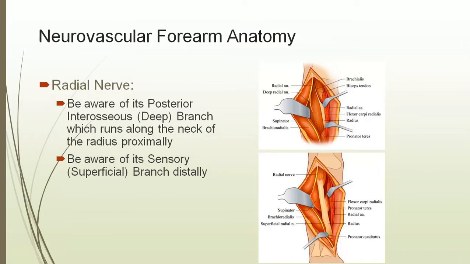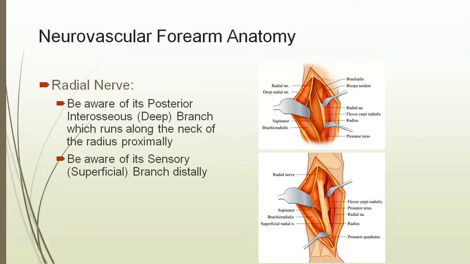Coming to the neurovascular anatomy, which is very important in the forearm. The posterior interosseous nerve, which runs along the neck of the radius, is a branch of the radial nerve, which is very important because whenever we are dealing with any fractures or doing any surgeries, we must take care of this nerve.